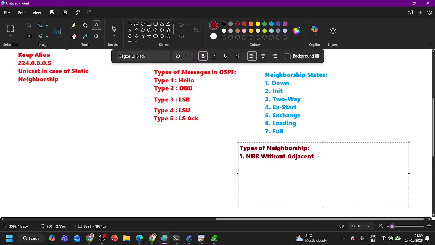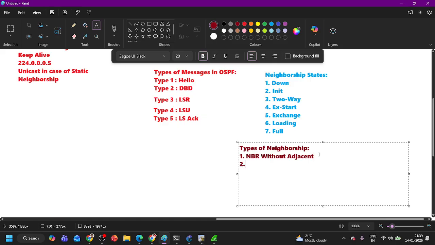When thoughts don't match, we don't even talk, but we are still neighbors. Similarly in OSPF, some neighbors will be only neighbors. They will not exchange any routes. And with some neighbors, routers are going to exchange everything.